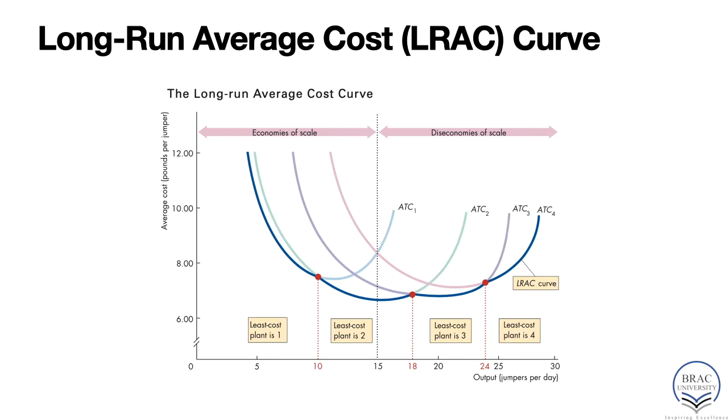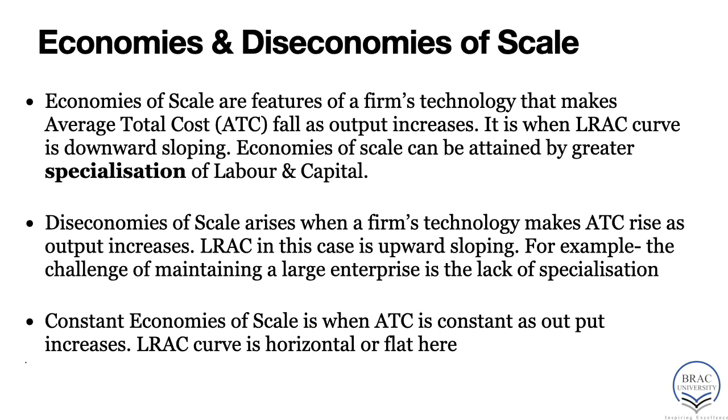From the long-run average cost curve, we can detect the presence of economies and diseconomies of scale, one of the most common and major theories of economics which you're going to learn in this slide. Economies of scale are features of a firm's technology that lead to falling long-run average cost as output increases.